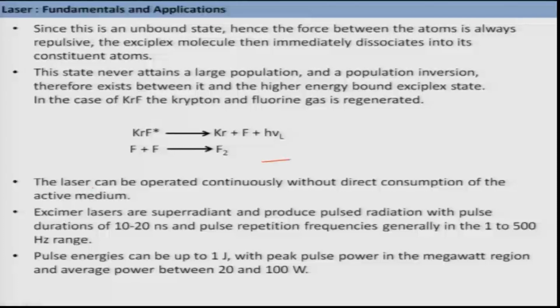And these excimer lasers are superradiant, and they produce pulsed radiation with a duration of 10 to 20 nanosecond, and the rep rate can be 1 to 500 hertz. The pulse energies can be up to a joule, the peak power can be a megawatt, and the average power can be like 20 to 100 watt.